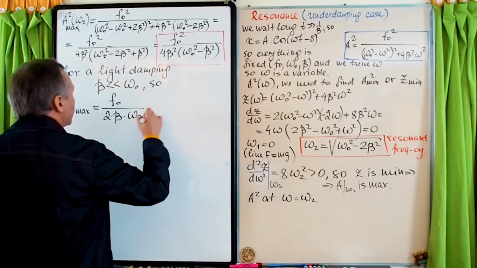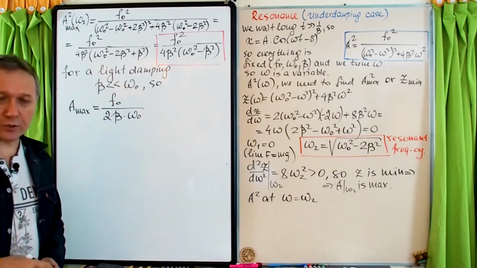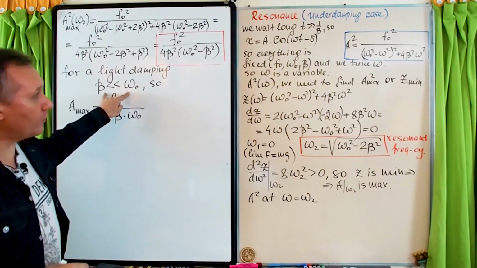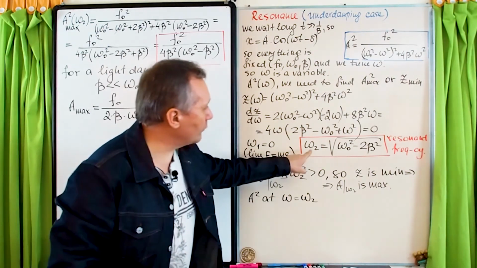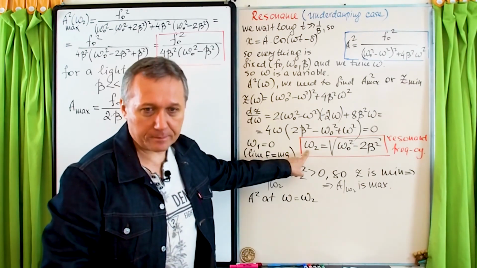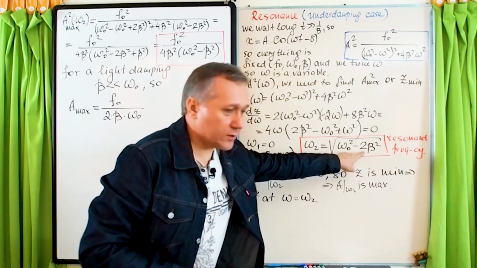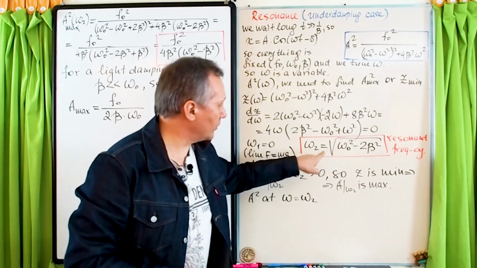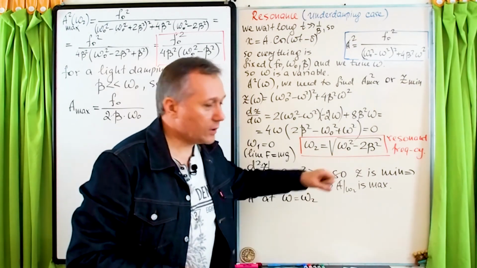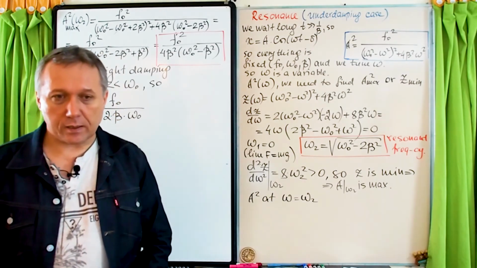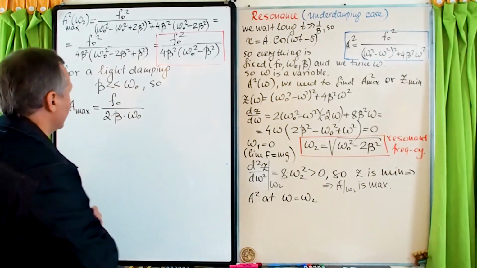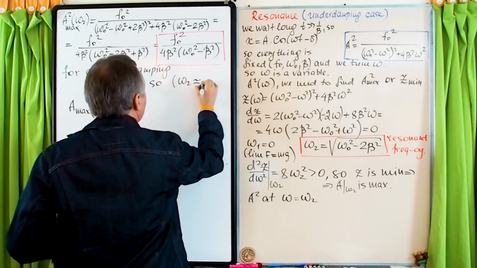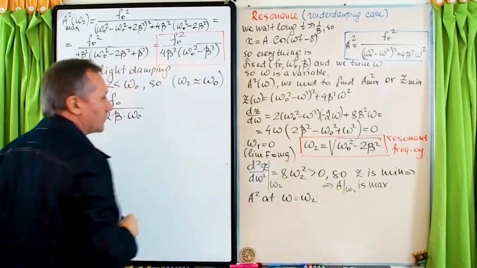And of course, probably I should mention also, since we went to this extreme for very light damping, what will be with the resonant frequency? This is very small, can be neglected relative to this. So omega 2 will be approximately equal to the natural frequency.